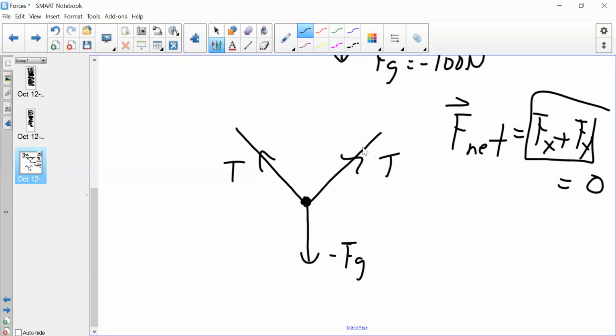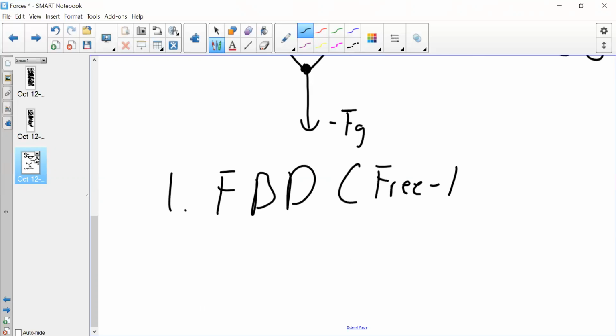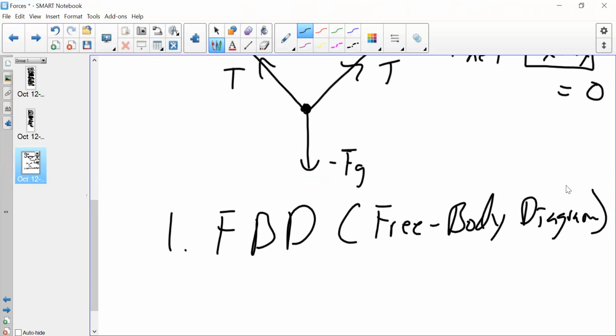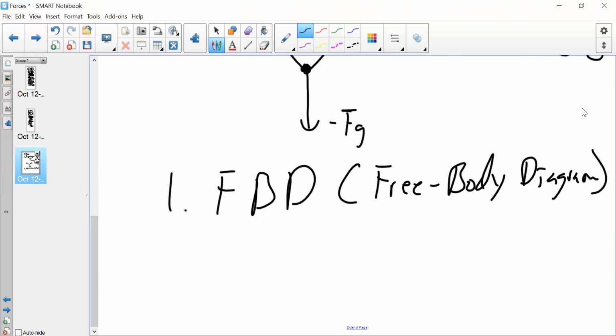So free body diagram. Anytime you've got the picture, the first thing you want to do is make your free body diagram. So FBD. Then after you make your free body diagram, you want to identify all the forces in the horizontal and the vertical plane, the X and Y axes.